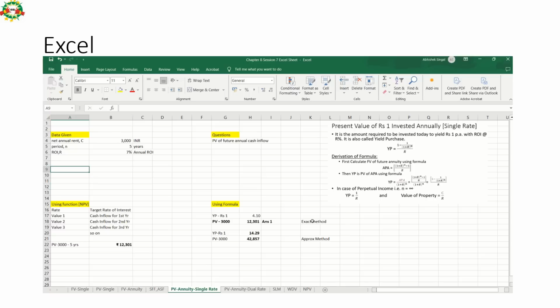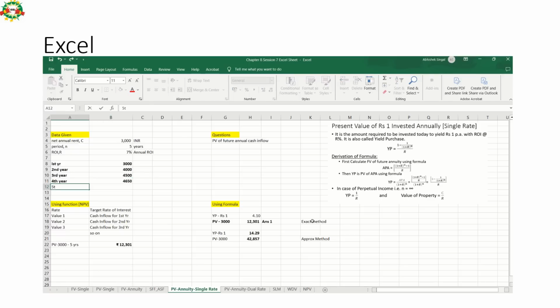Now we can talk about another situation. The examiner gives you a question that in the first year you are expected to get 3,000 rupees. Second year 4,000. Third year 4,500. Fourth year 4,650 rupees.